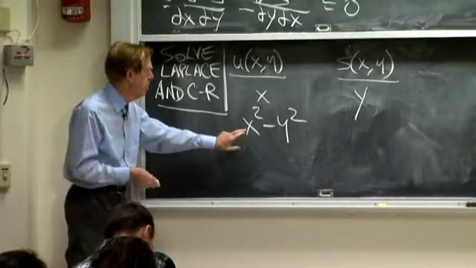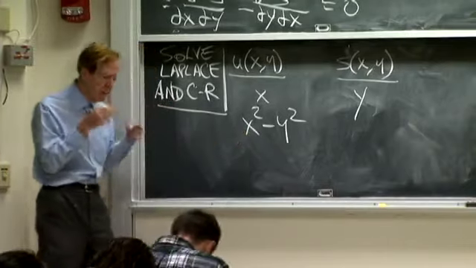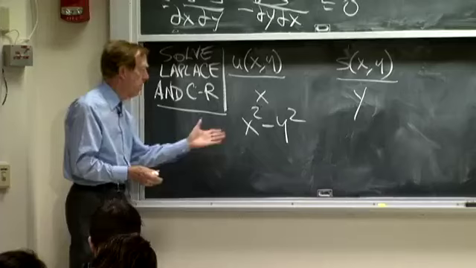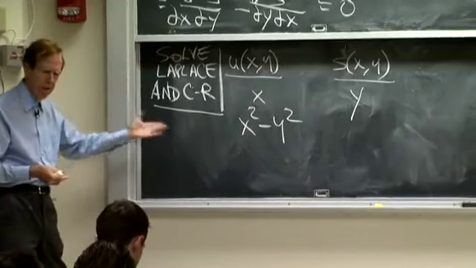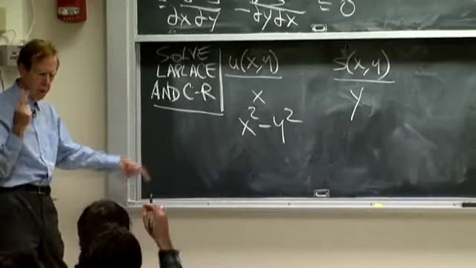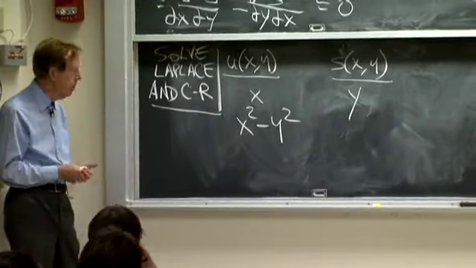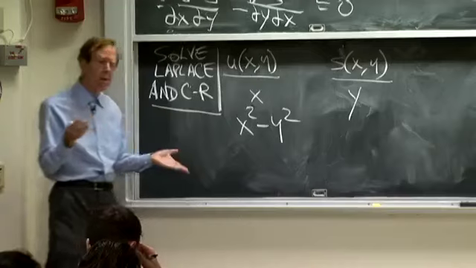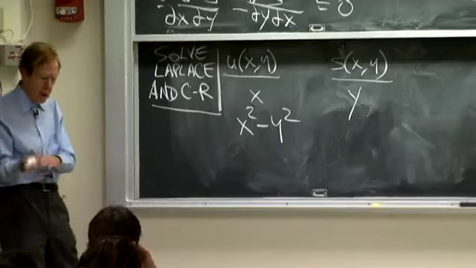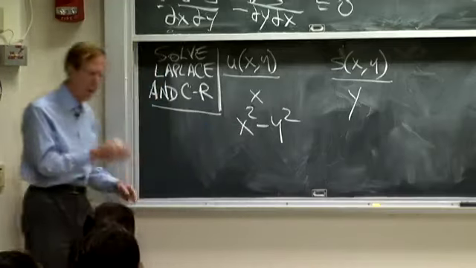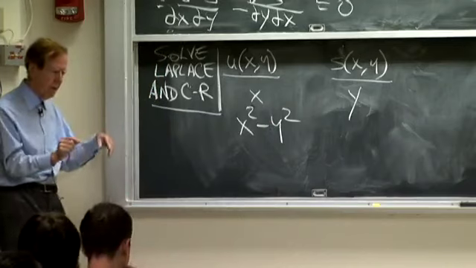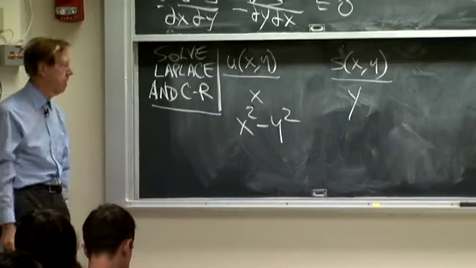So plug it in mentally. What's the second x derivative of this function? 2, right? The x squared brings down a 2. What's the second y derivative? Minus 2 from this term. And then put them into Laplace's equation: 2 minus 2, correct, 0.